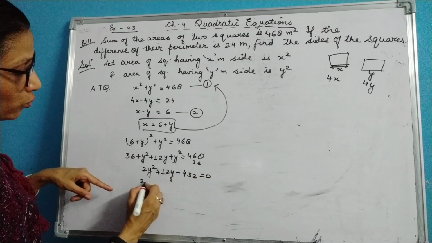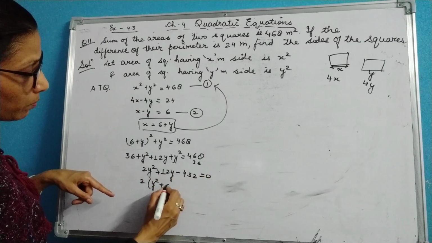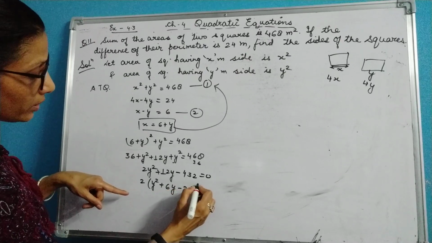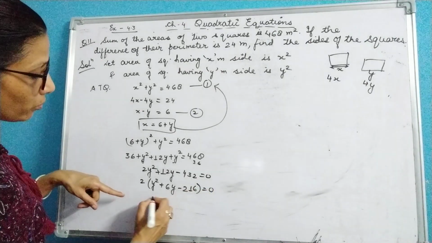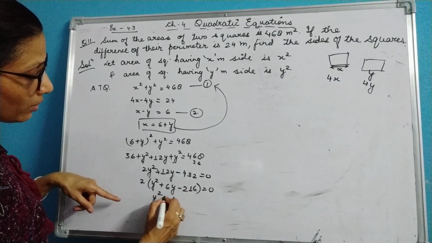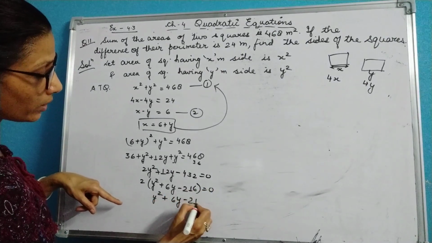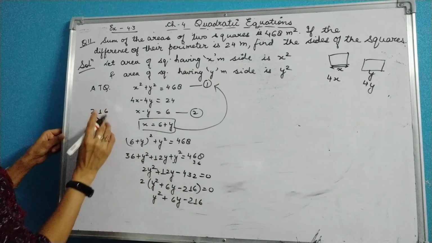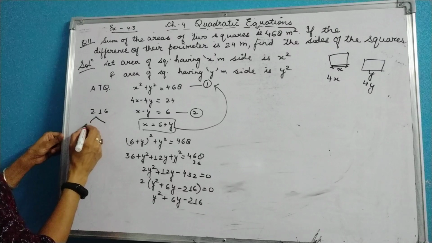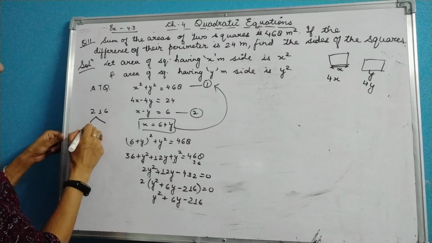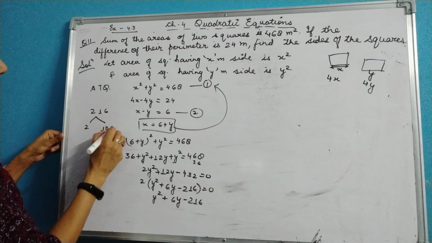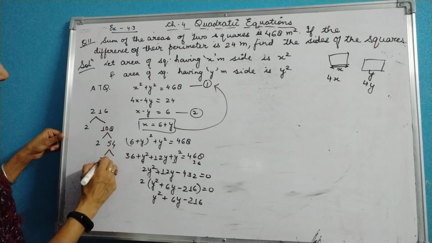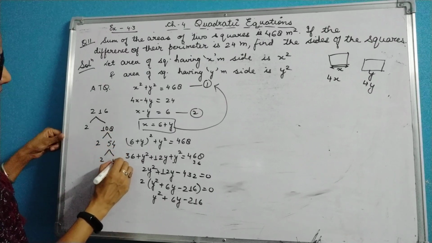Now I can take 2 common, so it will be y square plus 6y minus 216 equal to 0. Now here I am getting 216. So let's find the factorization, factorize it. I can take it as 2 and 108, again 2 and 54, again 2 and 27, and 27 is again 9 threes.